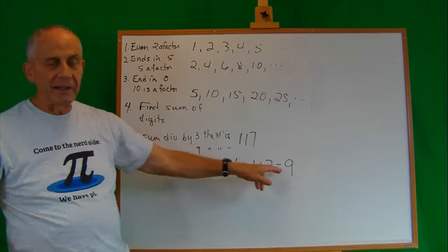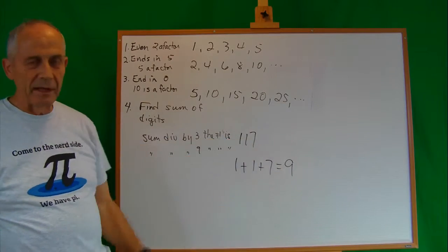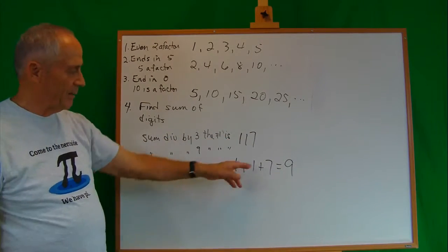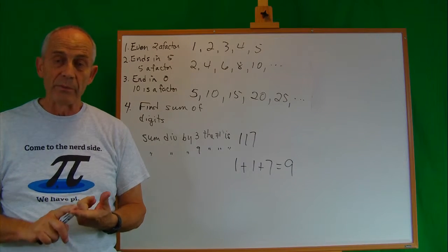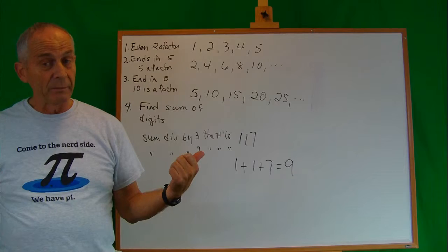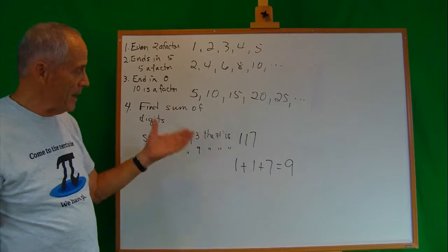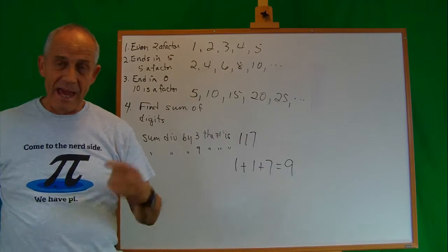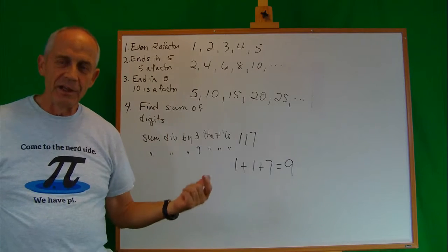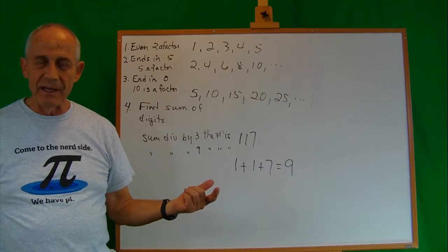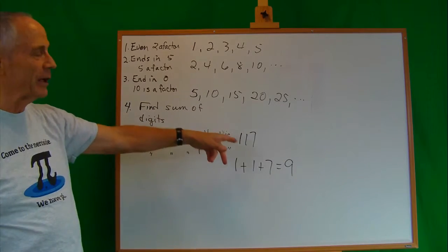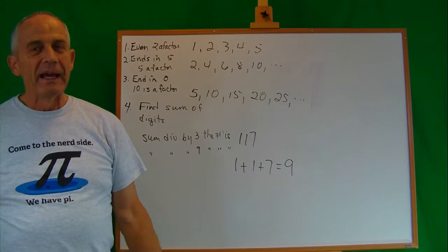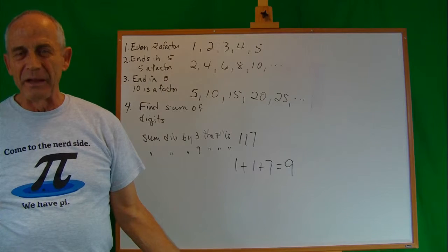So, in this case, this number 117, we added up the digits, we got 9. Well, 9 is divisible by 3, and it's also divisible by 9. So that means that 3 and 9 are each factors of 117. Now that is handy. Imagine looking at 117 and trying to figure out what the factors might be.